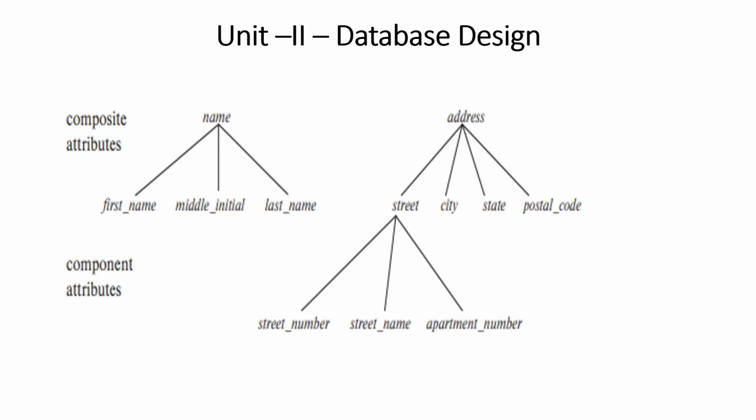Name may have a set of attributes like first name, middle name, and last name. Address also may have certain attributes, that is street, city, state, and postal code. Again, we may have a set of attributes by dividing street into street number, street name, and apartment number.